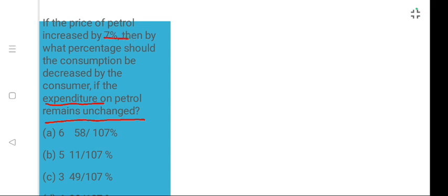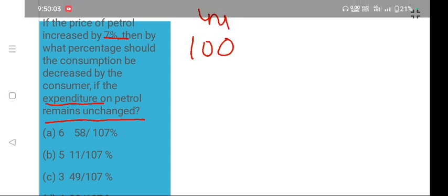I have told in the previous video, if only a percentage is given, we can take any value as an assumption. So just assume the price of the petrol to be 100. This is the initial cost, 100.